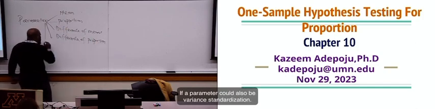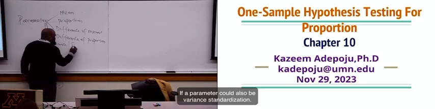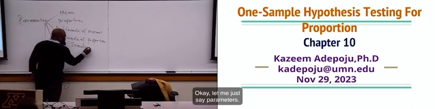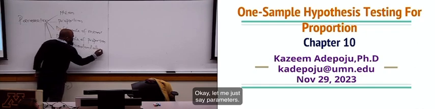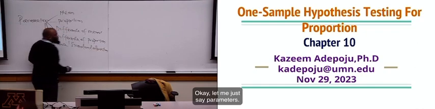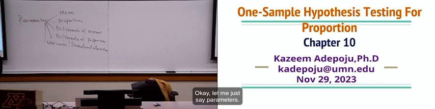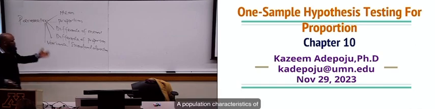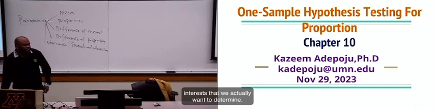A parameter could also be variance or standard deviation. So let me just say a parameter is a population characteristic of interest that we actually want to determine.